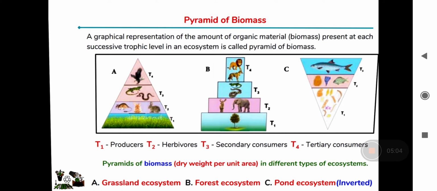So again, if it were a number pyramid, it would be the upright pyramid, but it is not a number pyramid. It is a pyramid of biomass. You can see, children, the pyramid goes inverted.